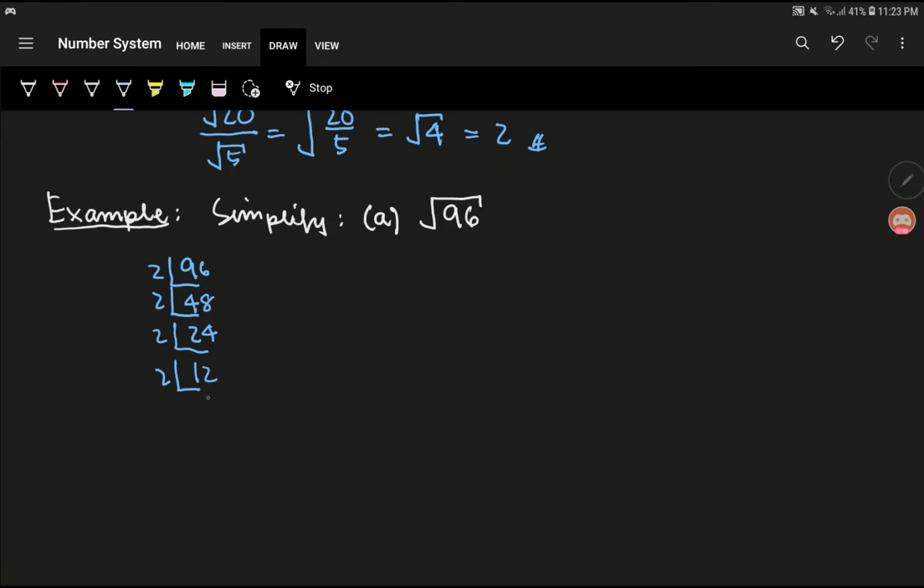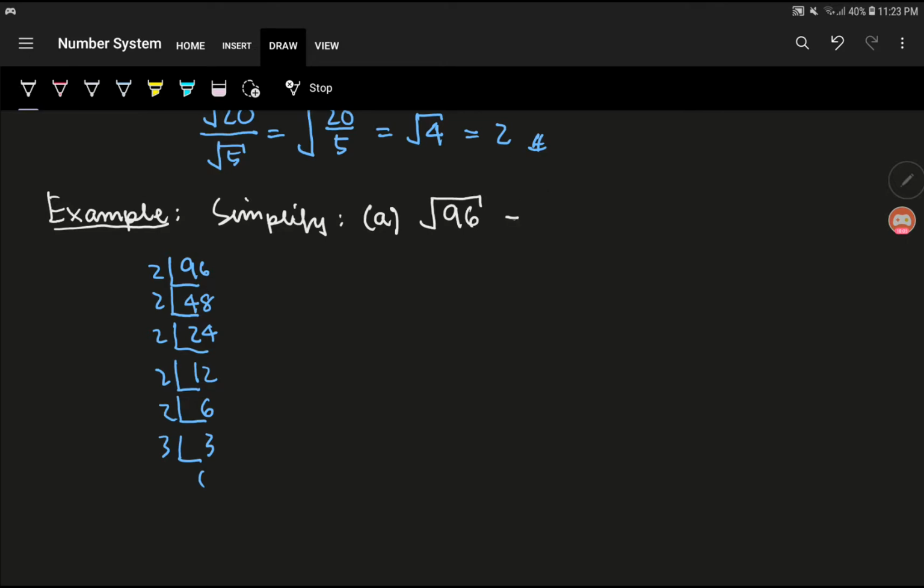Divide again by 2, we have 6. Again divide by 2, we have 3. So 3 over 1, we can have this prime factor.